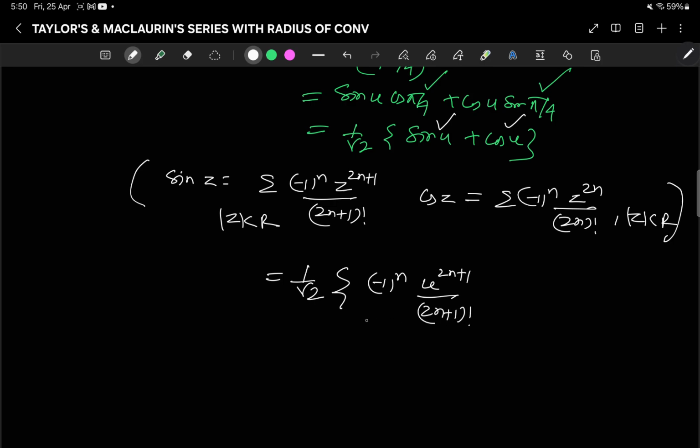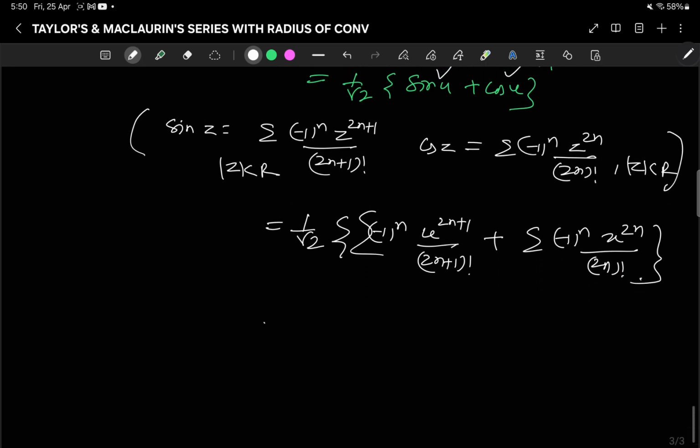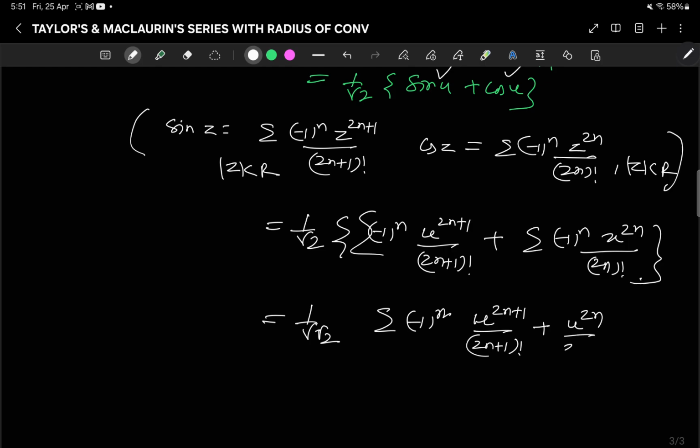Or we can combine them: 1 by root 2, summation of (-1)^n, u^(2n+1) by factorial (2n+1) plus u^(2n) by factorial (2n), with mod u less than infinity.